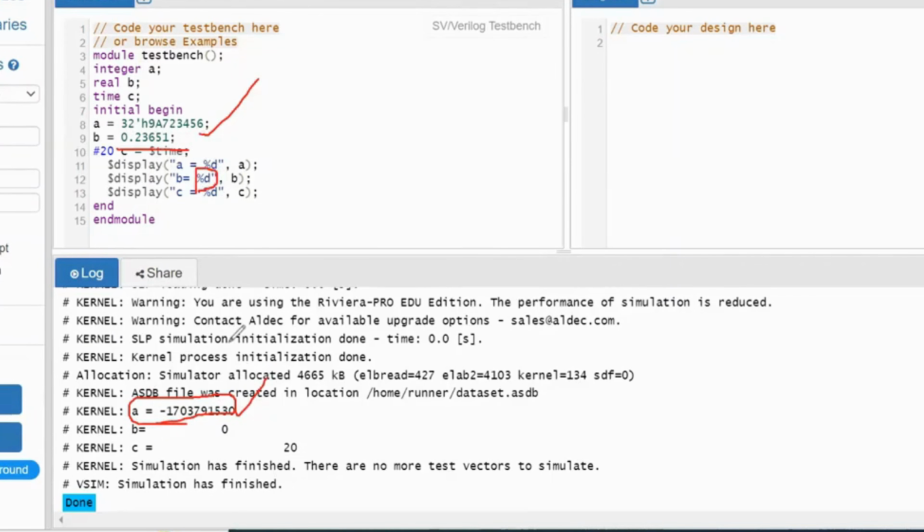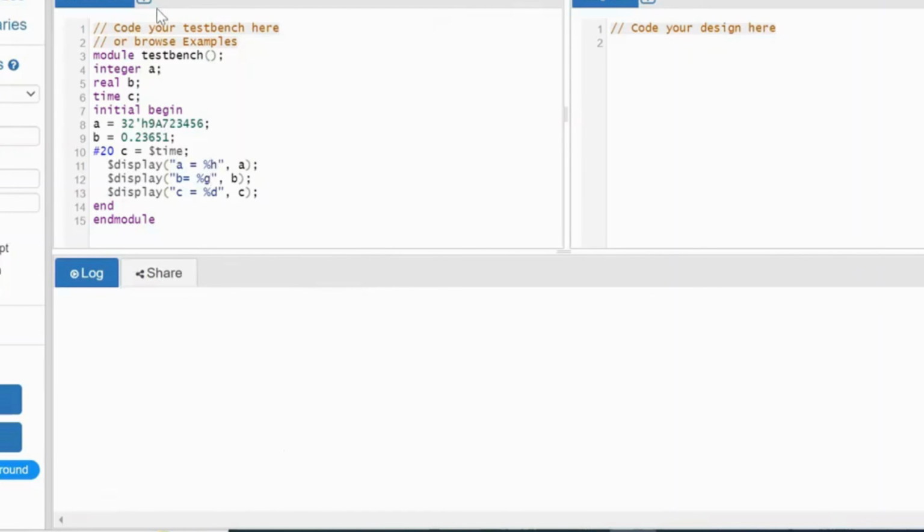The format specifier %d means decimal, and $time will also print in decimal. So we got the correct output for 20 only; the remaining two we didn't get. For the exact value, for hexadecimal we need to put h as the format specifier, and for the floating value we need to put g, %g. Those things you need to modify here: h and g. Now run.